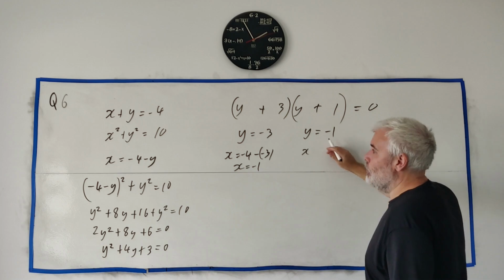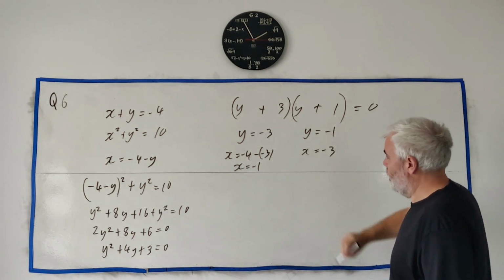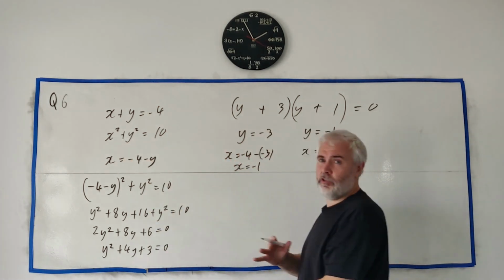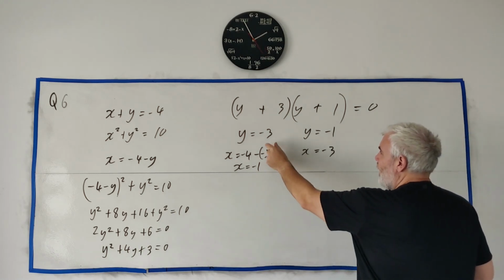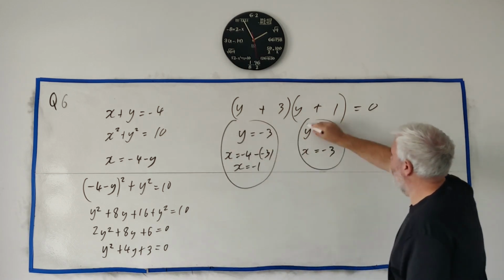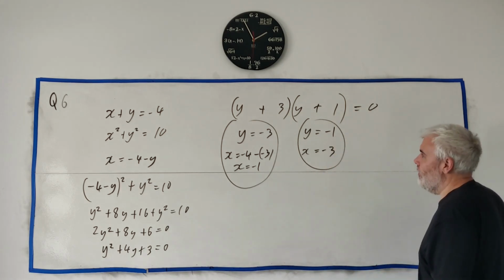Same here, x is equal to -4 minus -1, so that's -3. You could have got the x's as well, by the way, because a circle is symmetrical. So you could have just said that if -3 is the answer on this side, these go together and these go together. If -3 is the answer here, -3 must be the answer for the x here.